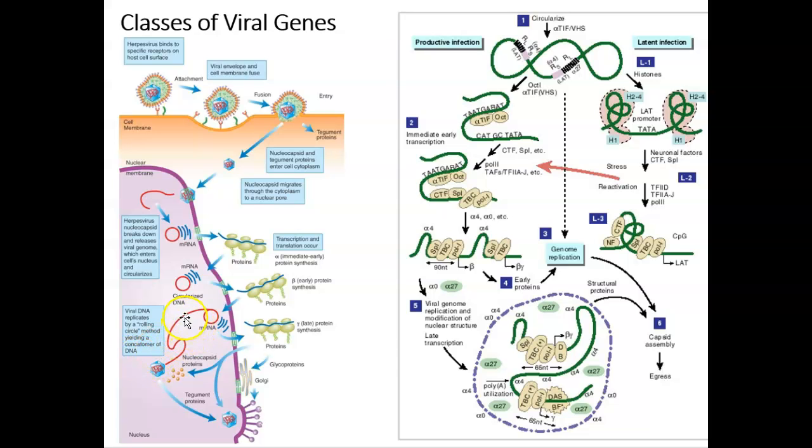So you get this really long string or concatemer of DNA, and then once you've got your late genes synthesized, you've got your tegument, and you've got your capsid, you can package your genome.